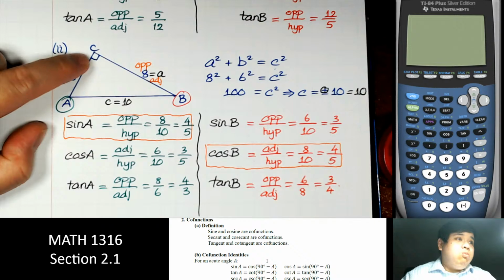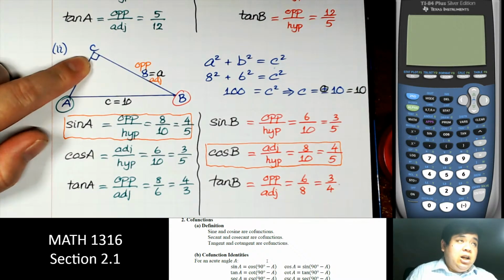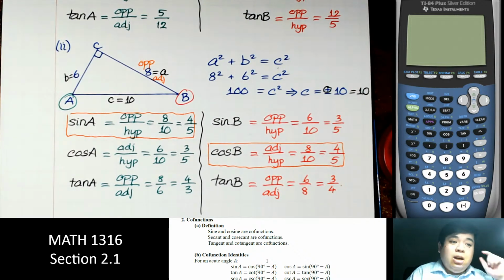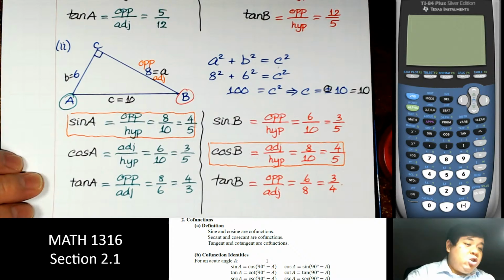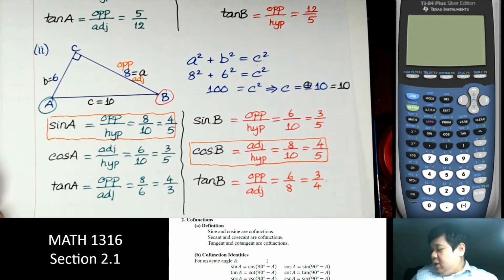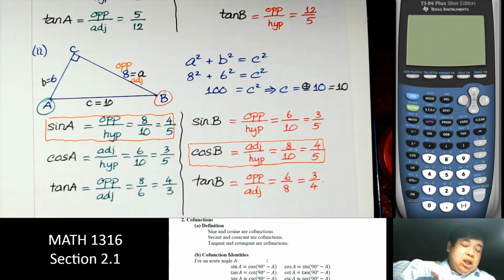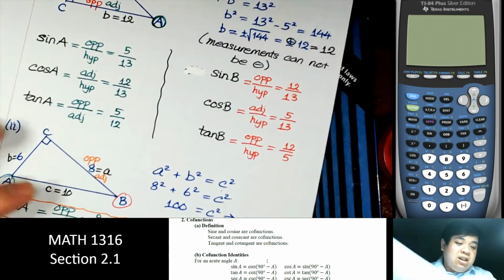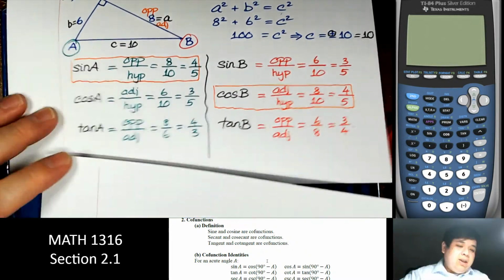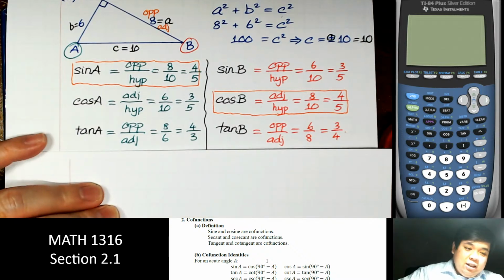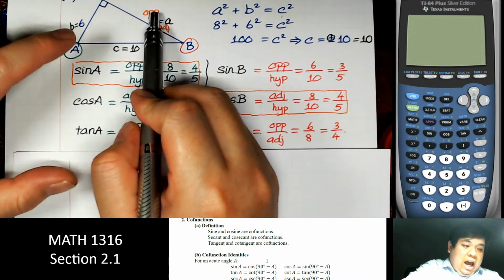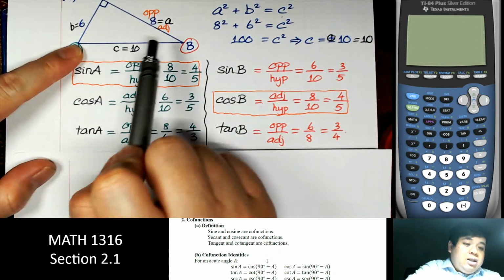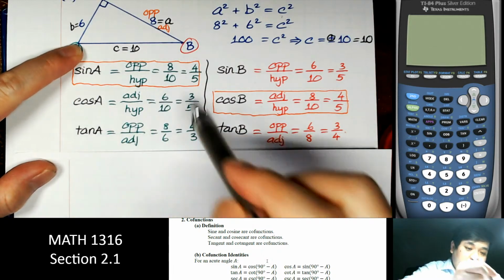We disregard the 90 degrees because this is trigonometry of the right triangle only. I mean of acute angle only, meaning it has to be less than 90 degrees. Once again, opposite with respect to this angle is adjacent with the other angle.